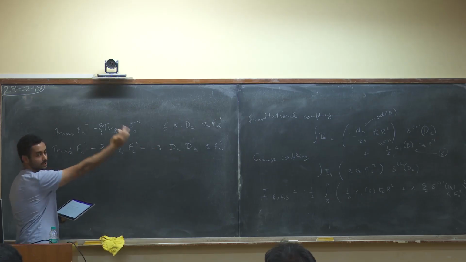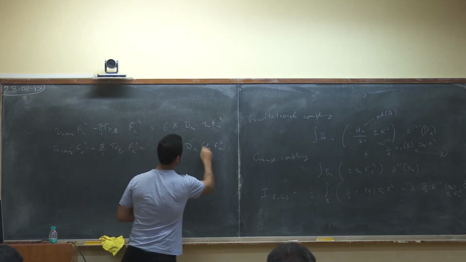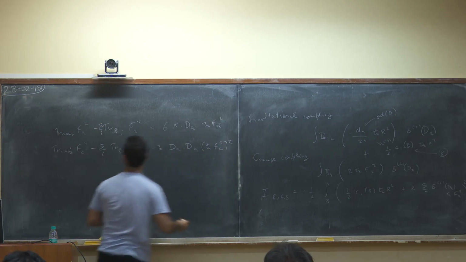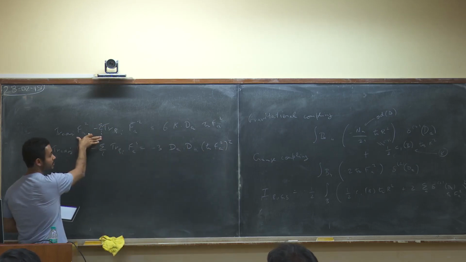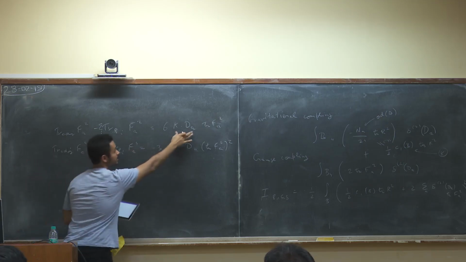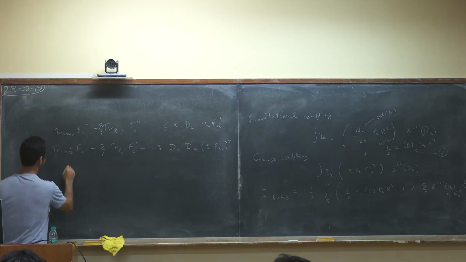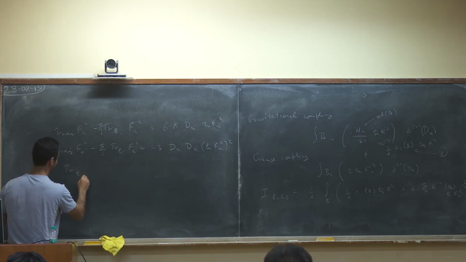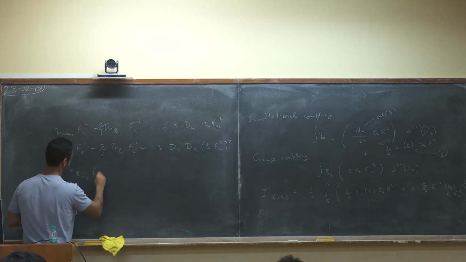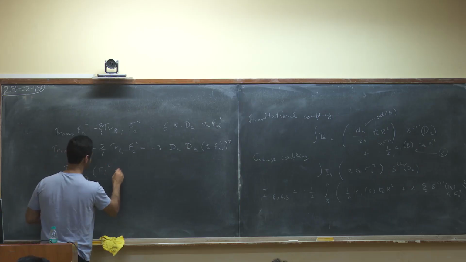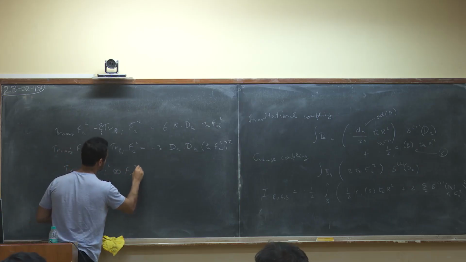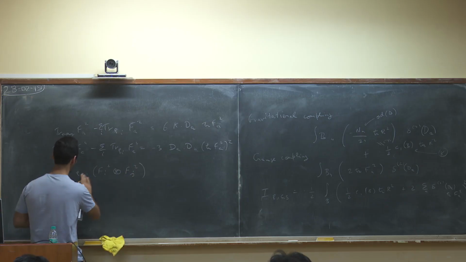I just removed the trace r square. So it's telling you that some combination of the index should be this. Right, and there are mixed things. VAB.